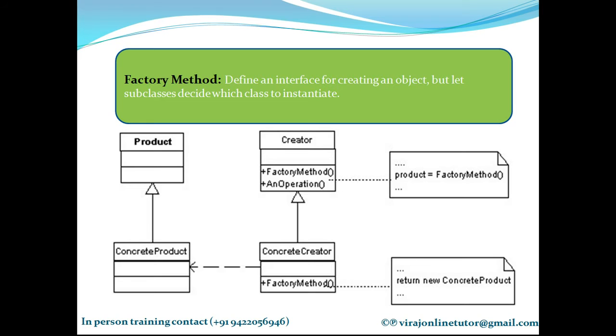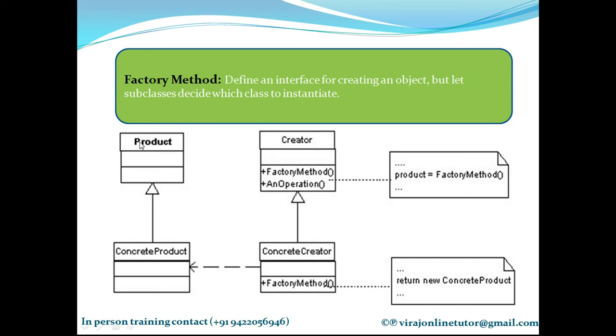Here I have a UML diagram for a factory method, basically to understand what a factory method is. So let's try to learn it. Here I have one class called a product class. This product class is an abstract product class. We are interested in creating this product.